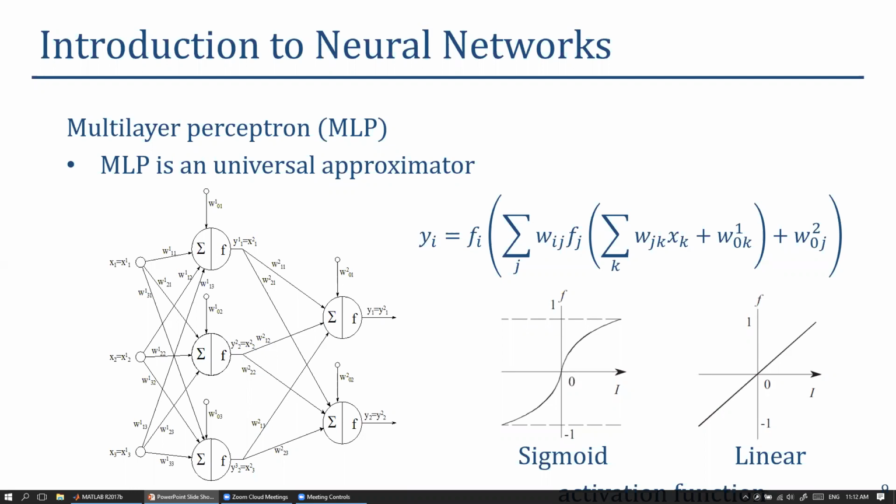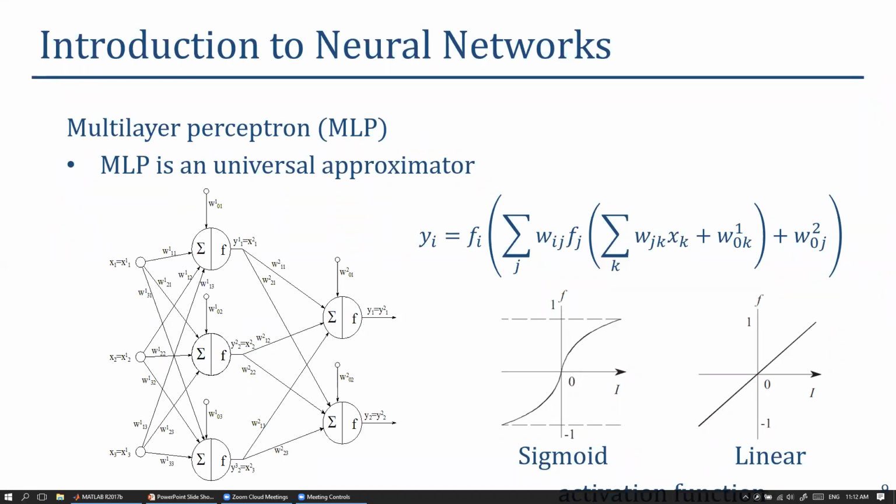The multi-layer perceptron is a multi-layer neural network which has connections between the neurons, and the activation function can be different ones. They can be a sigmoid function, linear function, it doesn't matter, and so on, or many others.